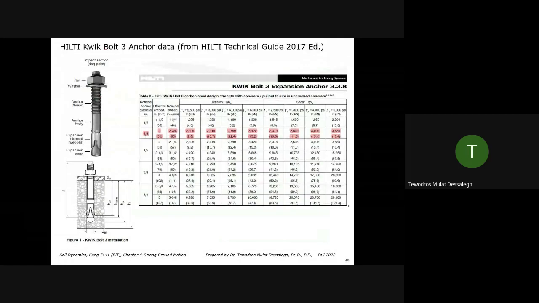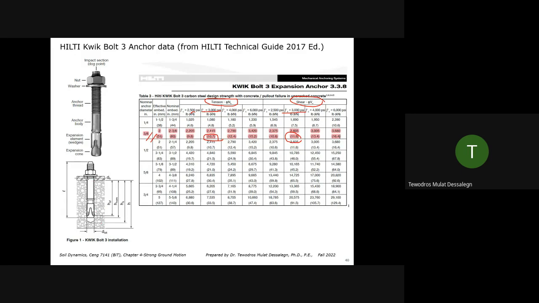This is from the manufacturer, vendor manual. Let's say in this case, we're using 3/8-inch bolt, and we're trying to get the tension and shear allowables. And the kilonewtons are the lower value, and we're talking the 3000 psi concrete. So these are the values where the allowable values, 11.6 and 10.7. And this is that Kwik Bolt 3.